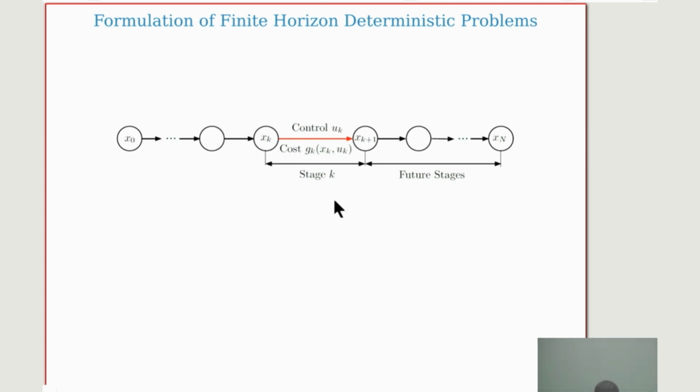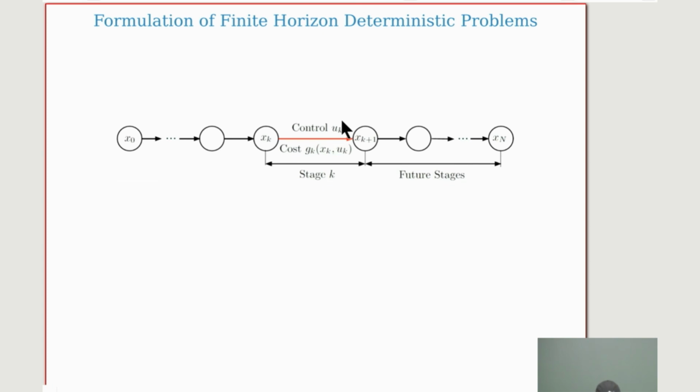So you are at state xk, and you will take some control. Obviously the possibilities you have for the control will be many. That's where the problem becomes interesting. If someone gives you only one option at a time, then obviously there is not much to do. So this is the control, but there will be multiple possibilities of control, and you will pick one of those.